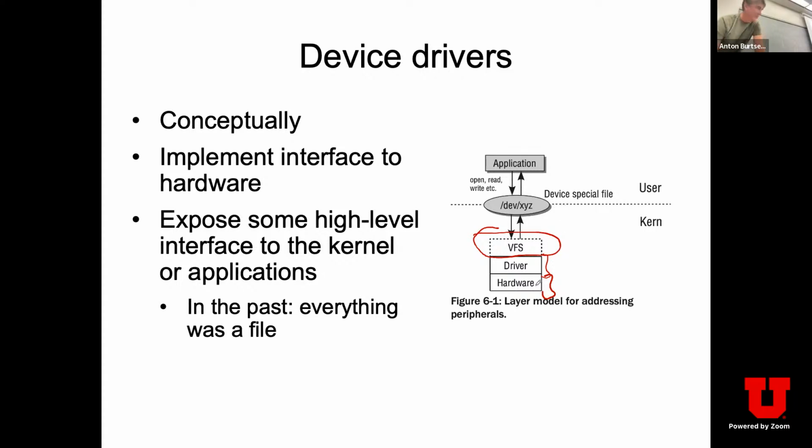For a while, and x86 is a good example of that, Unix believed that everything can be abstracted as a file. That's why this one is a file in a dev subsystem. It's just a convention that various hardware devices will show up inside dev, and the application can use traditional file methods, read and write, to access the hardware.